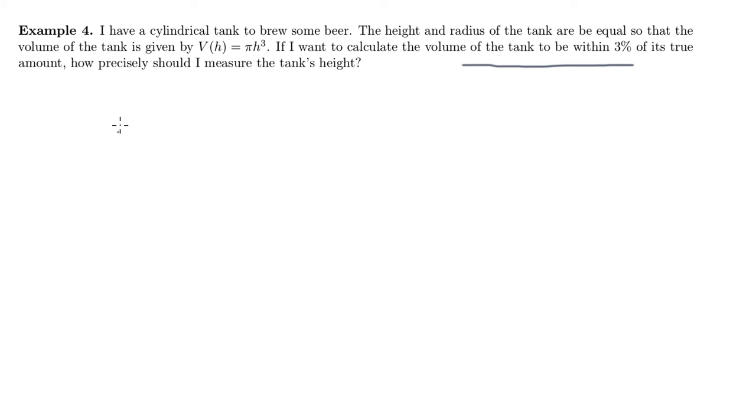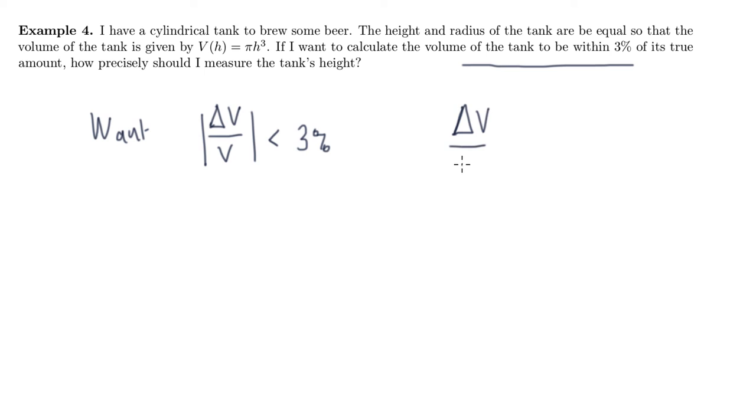So what that means is that I want the relative change, the absolute change in V over V, to be less than 3%. Now I know that I can approximate the relative change by the differential dV over V.